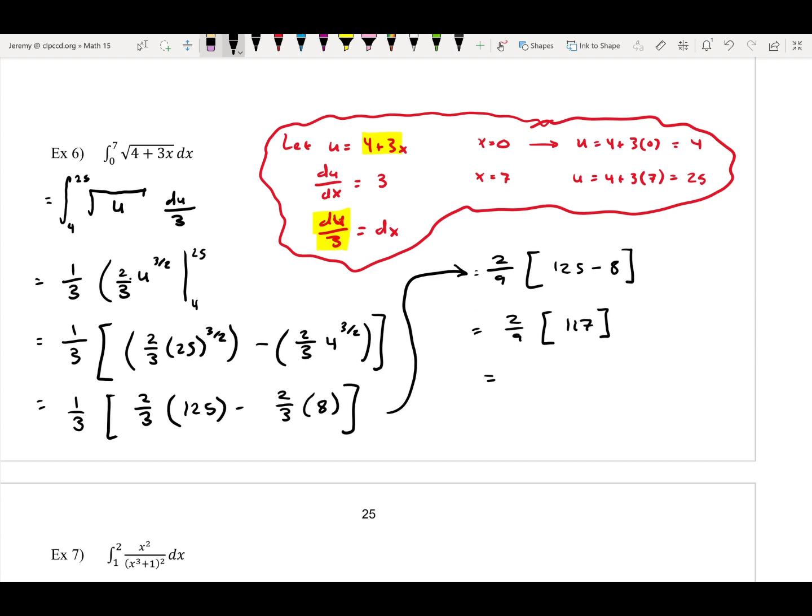All right, and then multiplying, this is just 234 over 9. Or you could put it into a calculator or simplify if you're really good at division. You get 26. And that's our answer.